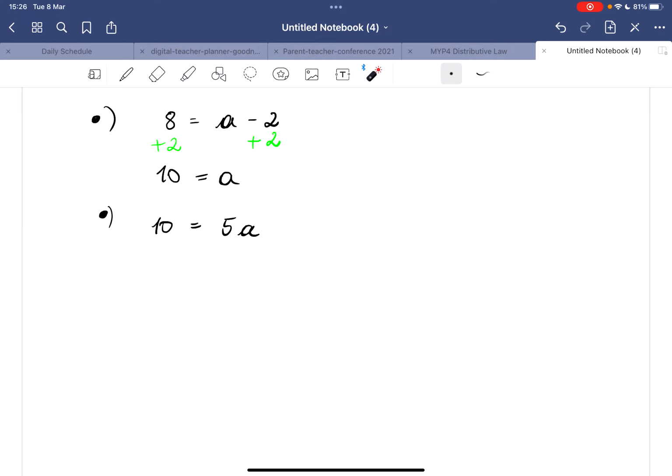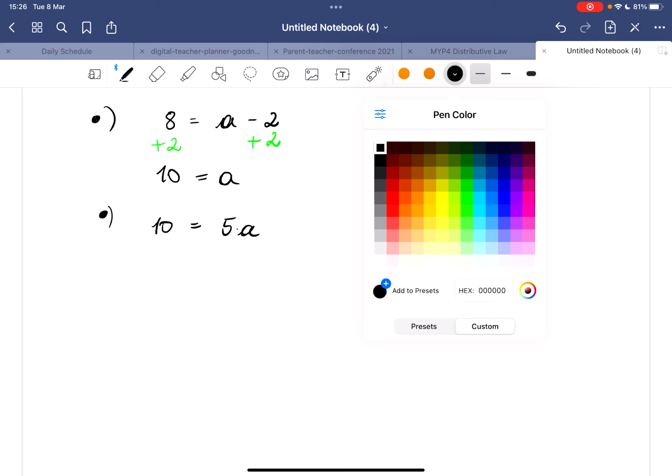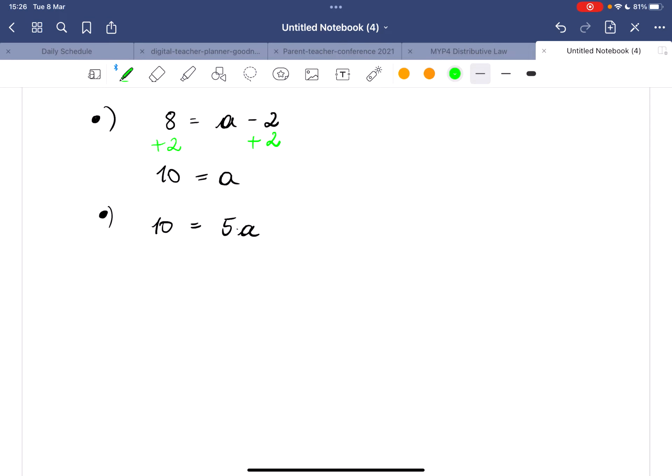Now here it becomes a bit more tricky in terms of what's the operation between my 5 and the a? You need to remember from last chapter, from last unit, that 5a is the same as 5 times a. Yeah? The inverse or the opposite of times is divide. So to get rid of that 5 here, I need to divide by 5.